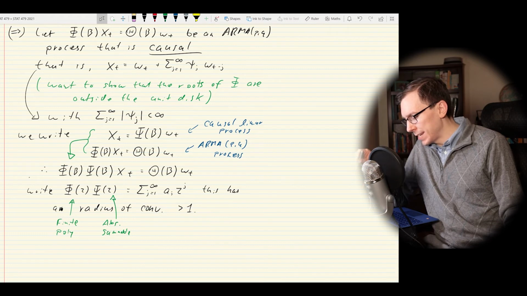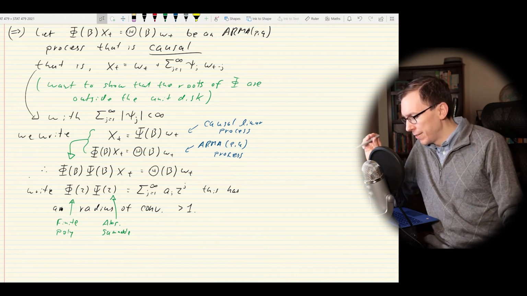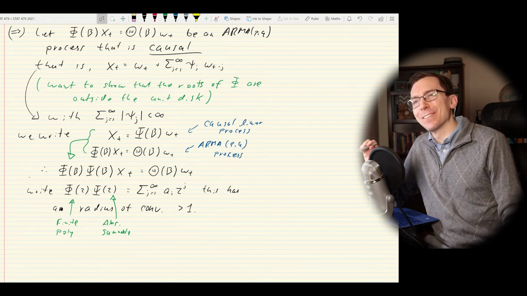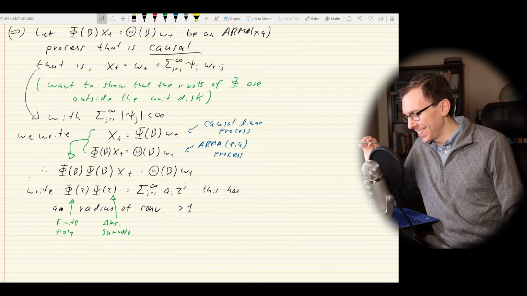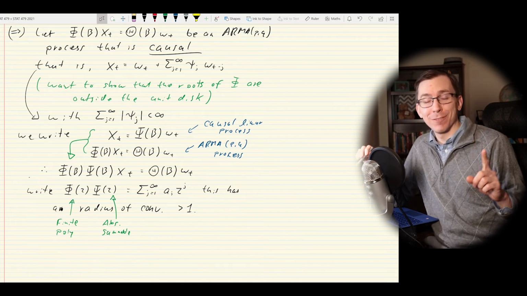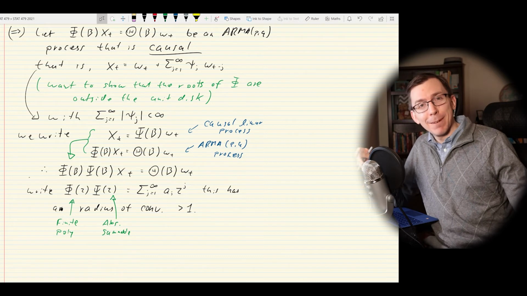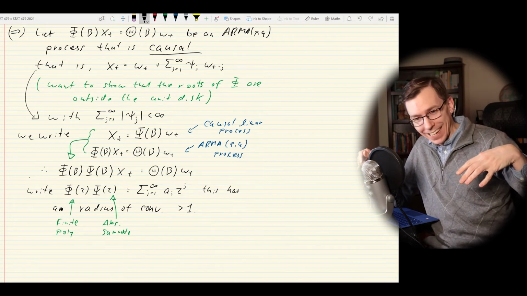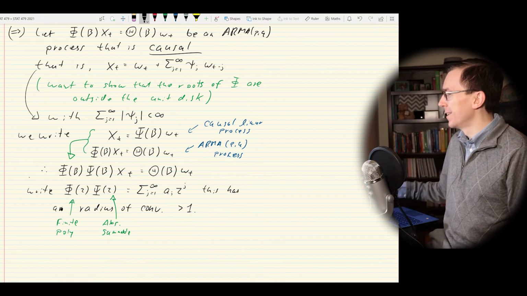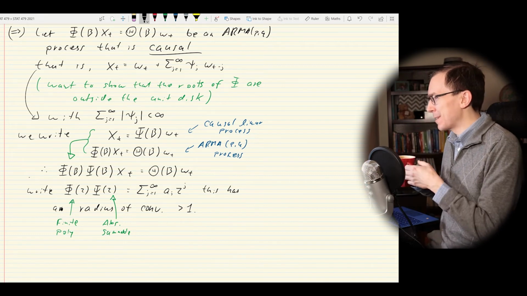If the radius of convergence is greater than 1 for psi, and then I multiply it by a finite polynomial phi, then I'm still going to have a radius of convergence that's greater than 1. Whew. Almost made it through this.